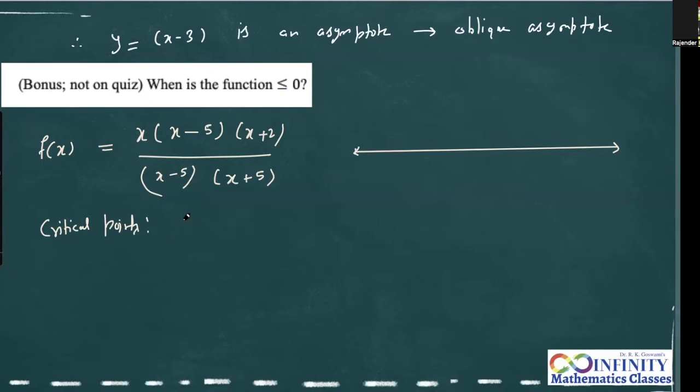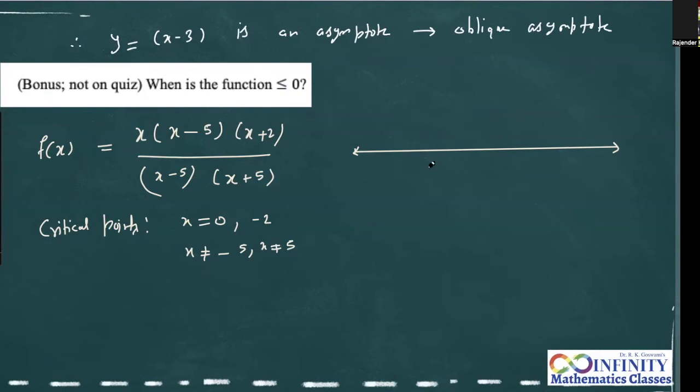So x equals 0, it is 0. x equals minus 2, it is 0. x should not be equal to negative 5, and x should not be equal to 5, because these points are not included. Am I right?